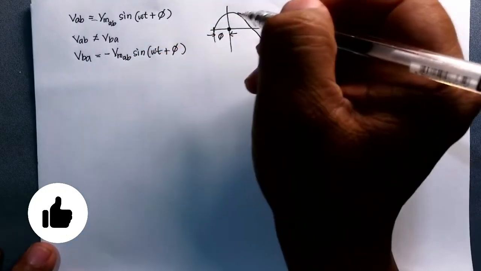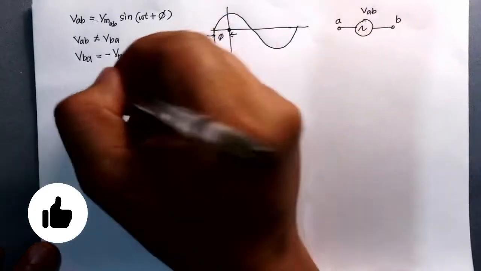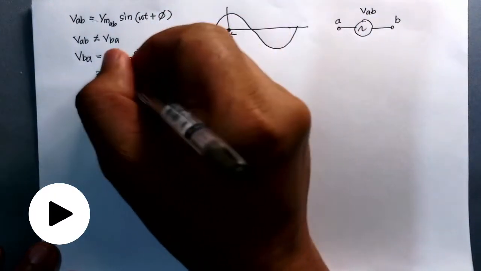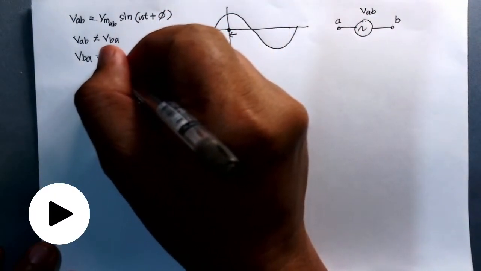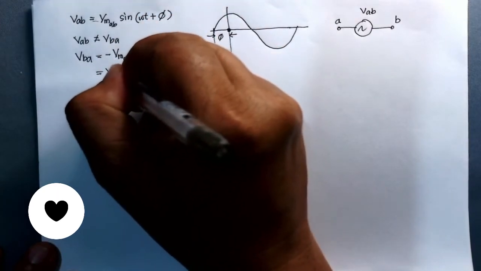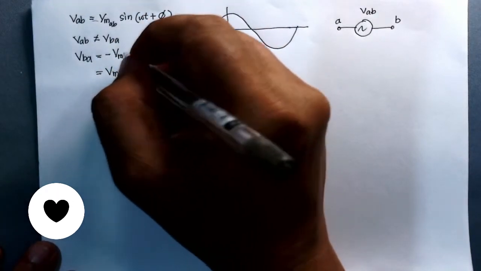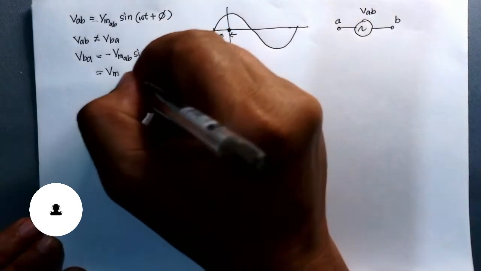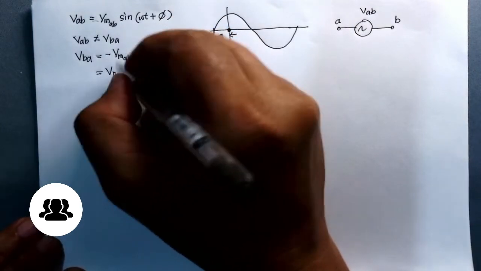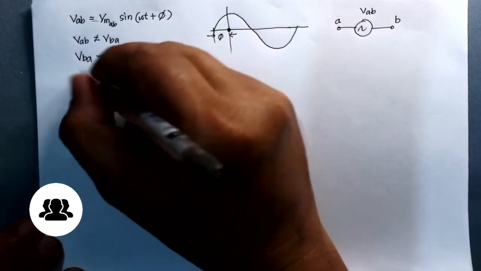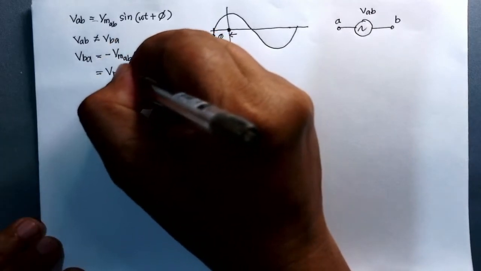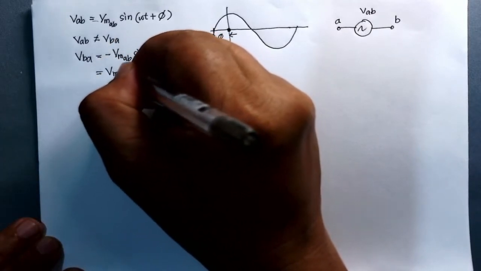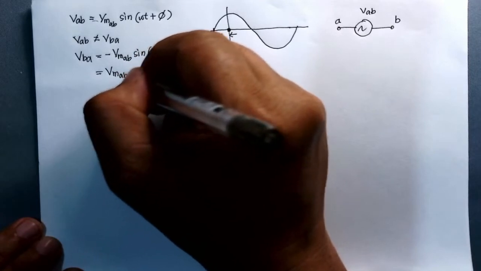Okay, or if you are going to remove the negative here, for the peak voltage value of V sub BA, you have to use again V sub M AB.